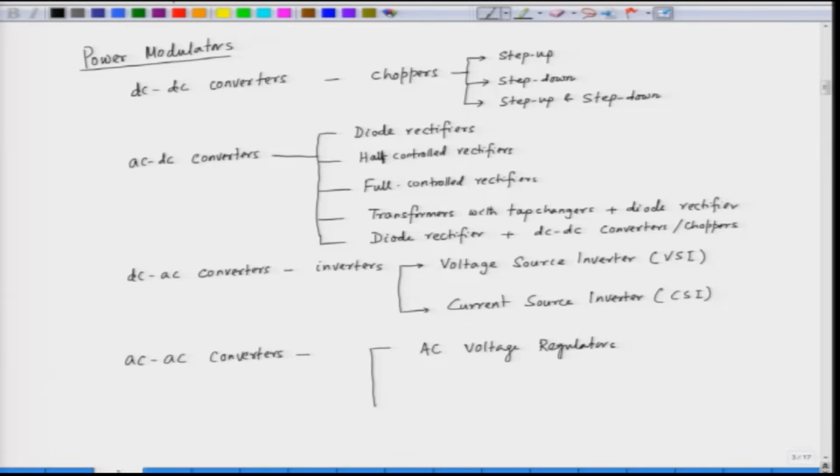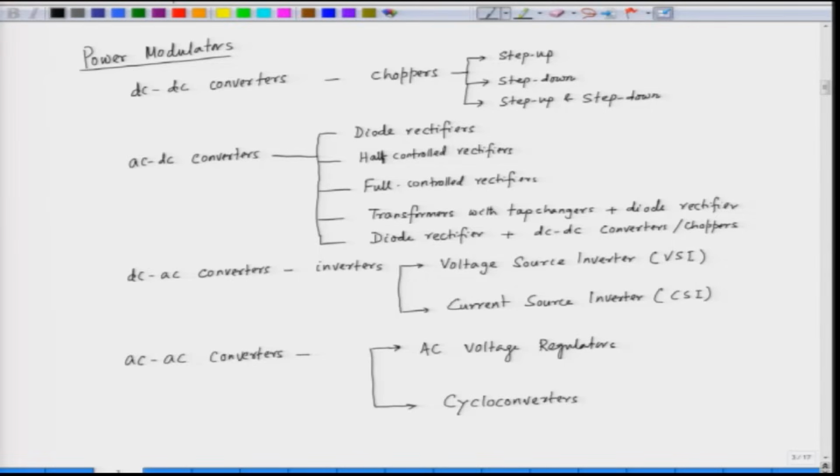Those are called AC voltage regulators. And then we also have AC to AC converters which are called cycloconverters. The cycloconverters convert fixed voltage, fixed frequency AC to variable voltage, variable frequency. Now, these are the power modulators which are used for controlling electric motors.